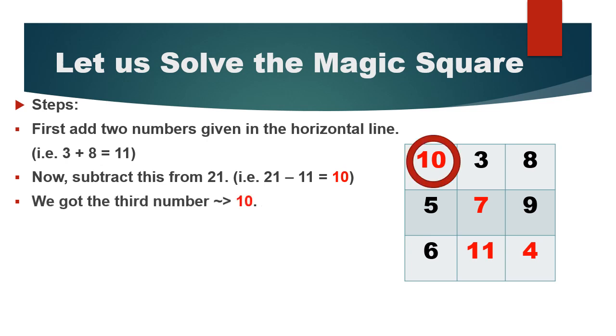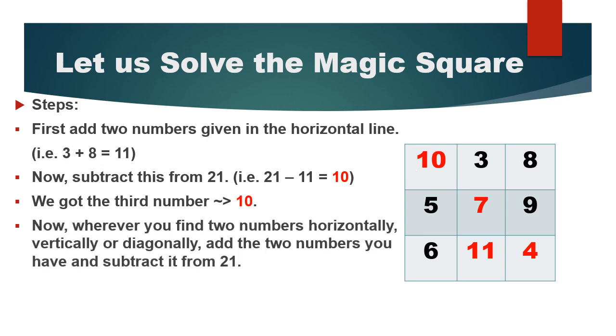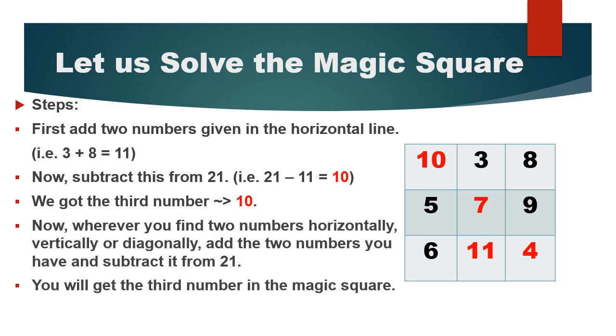Wherever you find two numbers horizontally, vertically or diagonally, add the two numbers you have and subtract it from 21. You will get the third number in the magic square.